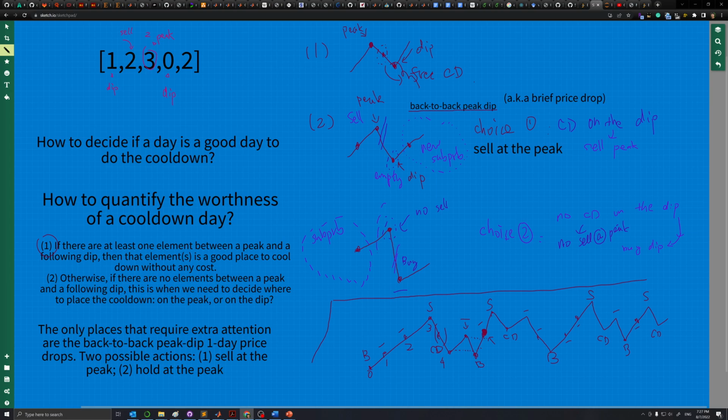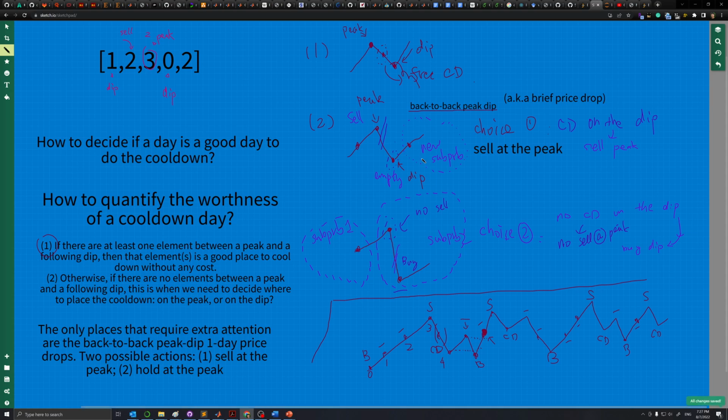So maybe we can split this right here. We can split this into a subproblem, because if we take this as the first element, and this is the immediate drop and we know this is a dip, then we're definitely going to take the buy action. So we just add these two together. This is our subproblem 2 and this is subproblem 1. We just add them up, right? Great.